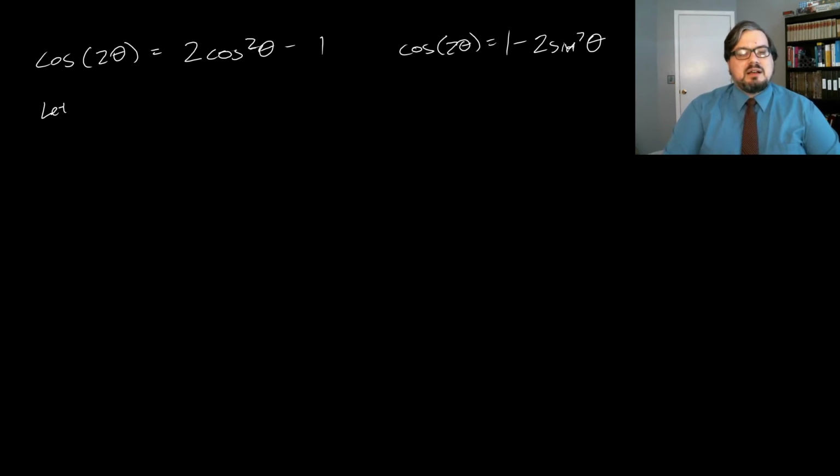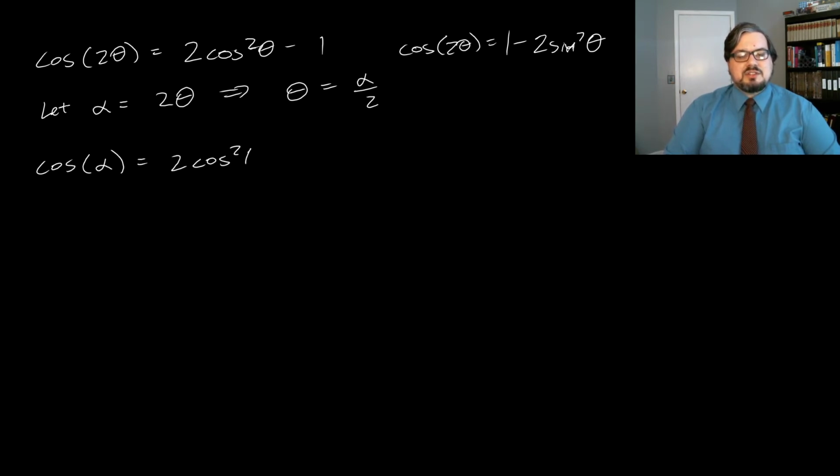So let alpha equal 2 theta. If we do that, that means, of course, that theta is alpha over 2, and we can rewrite these equations in a way that's completely correct still, which says that cosine of alpha is equal to 2 times cosine squared of alpha over 2 minus 1. And similarly, cosine of alpha is equal to 1 minus 2 sine squared of alpha over 2.